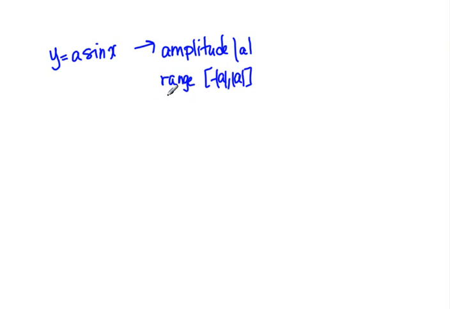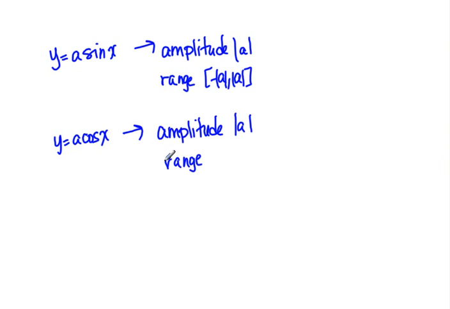And my zeros and everything else are the same. y is equal to a times cosine x. Same thing's happening, right? Amplitude, absolute value of a. My range is from negative absolute value of a to absolute value of a.